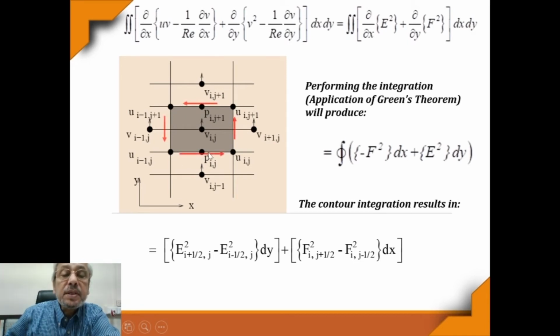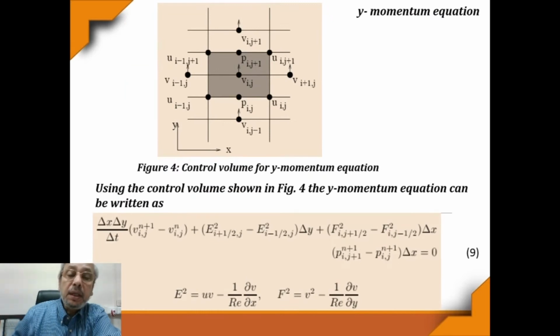That makes this quantity positive, but it has a negative sign, so that makes it negative. So F2 at i j plus half minus F2 at i j minus half into delta x, and that is how we evaluate this integral.